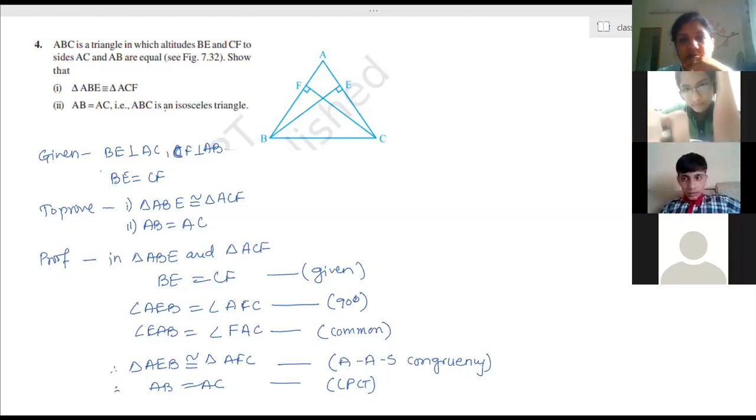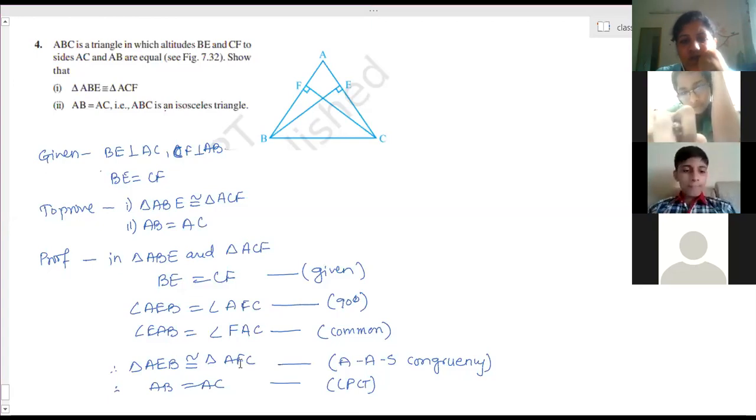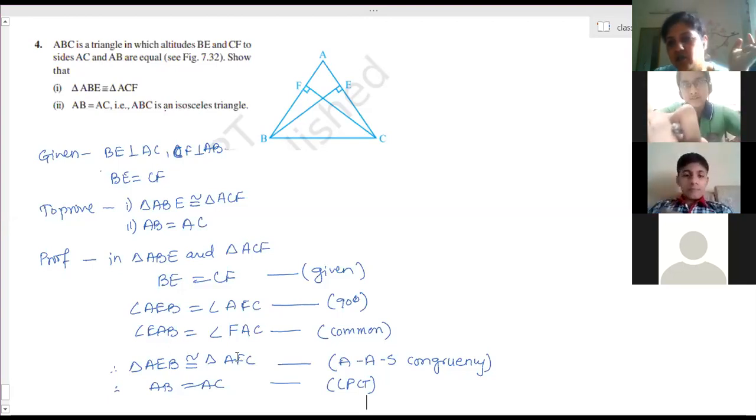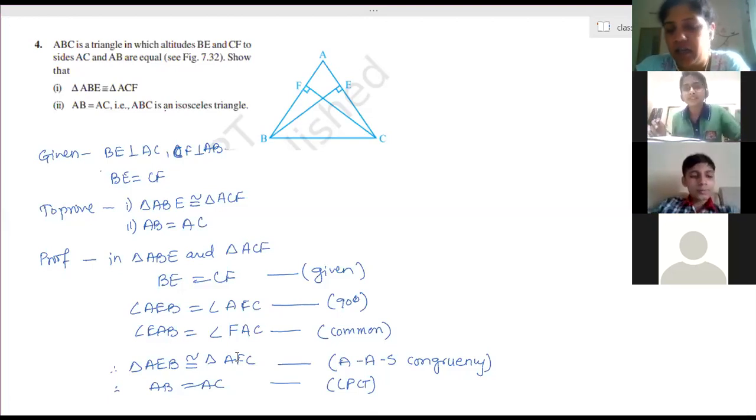Ma'am, in the last congruency, ASA is written wrong, ma'am. It is AAS. They told to prove AB. That's not a problem. This congruency should be proper. The name you can write anyhow. Here the equal angles should match in congruency. If you make it BAE and CAF, that is also okay.